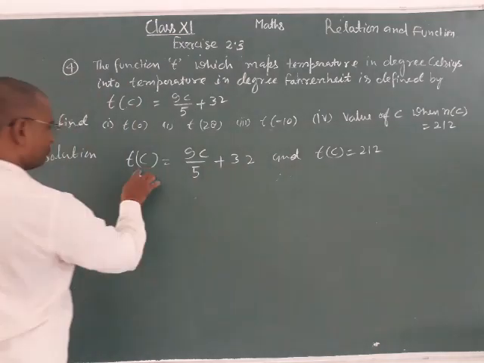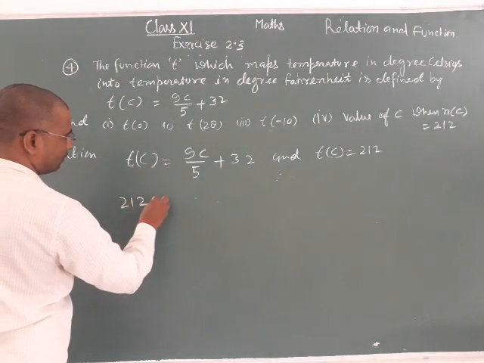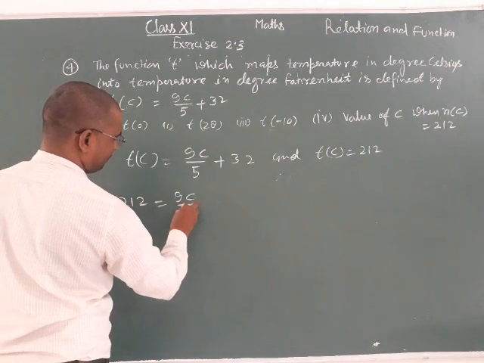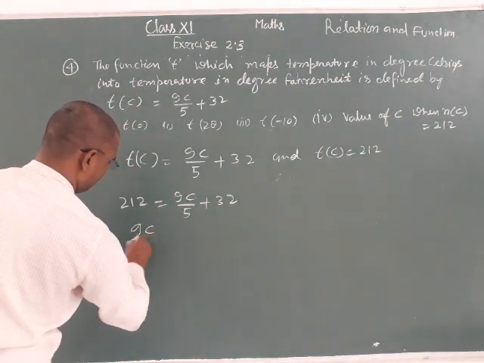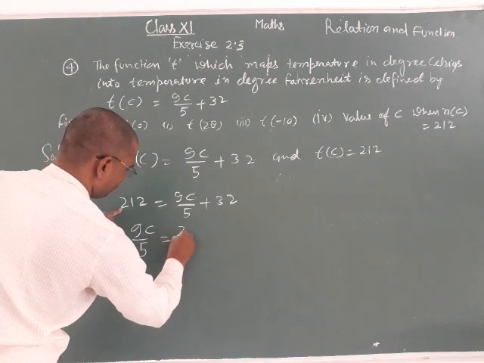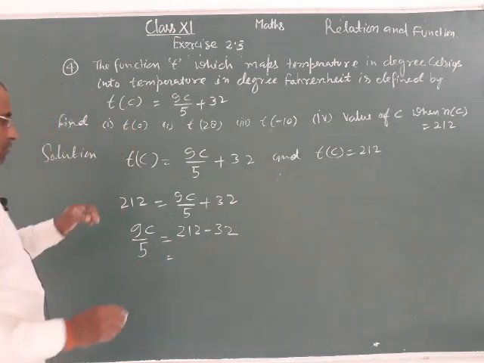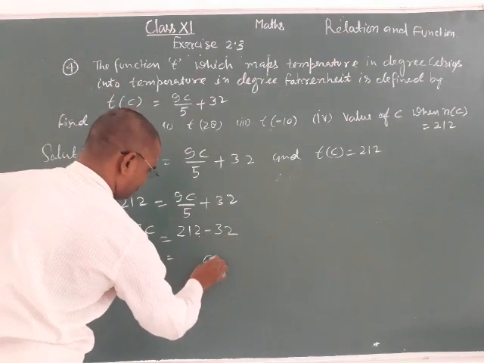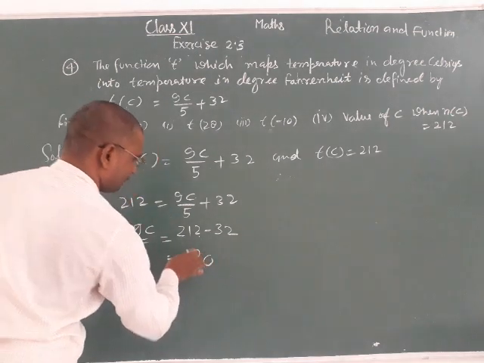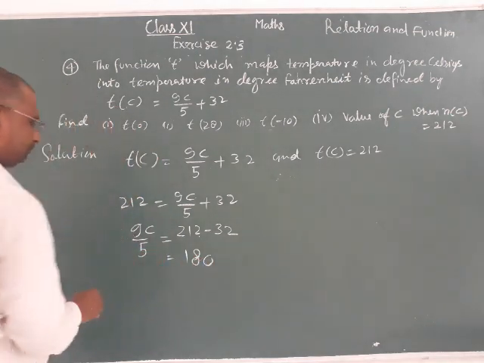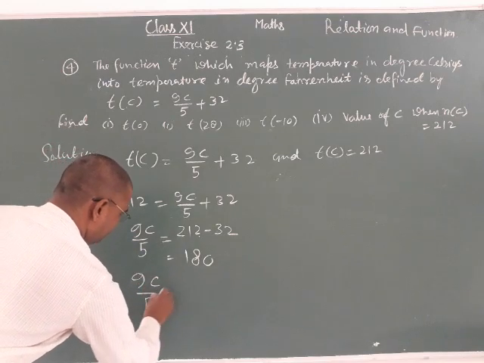Now put this value here: 212 is equal to 9C/5 + 32, and 9C/5 is equal to 212 minus 32.